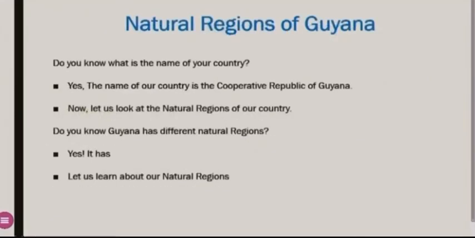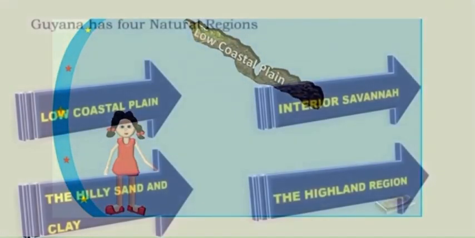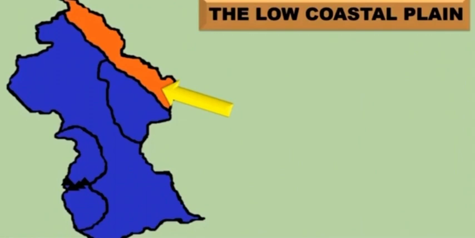Do you know that Guyana has different natural regions? These are Guyana's natural features. We call them our natural regions. There are 4 natural regions in Guyana. Low coastal plain. The low coastal plain.